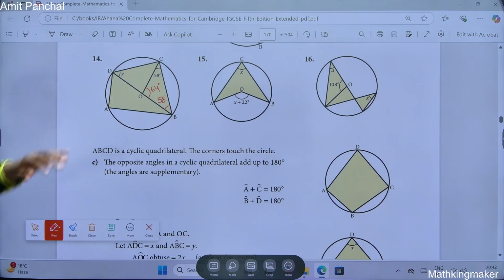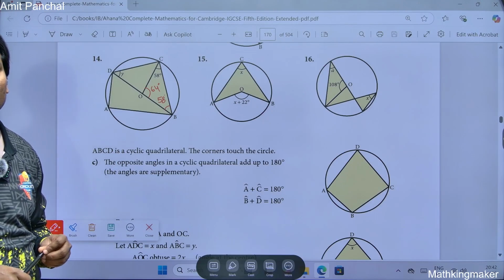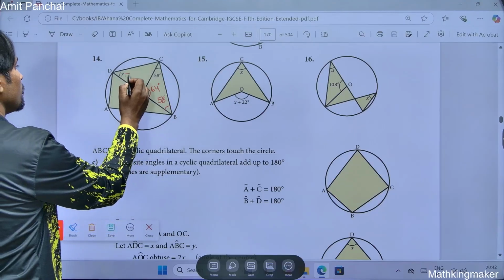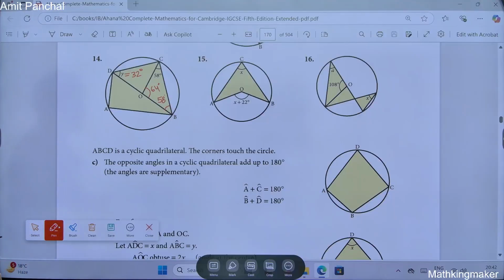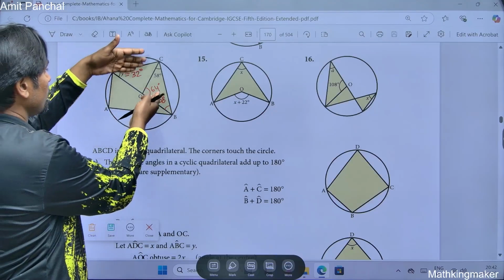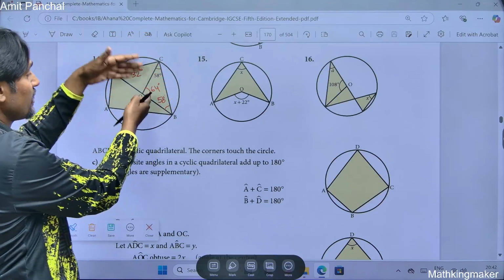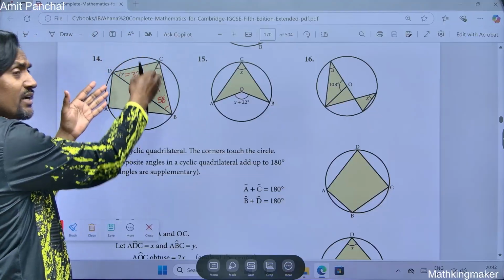How much should Y be? Half of 64 is 32. Okay, only two concepts will be used. If this is being made at the center, angle, just see, is it being made at the center?